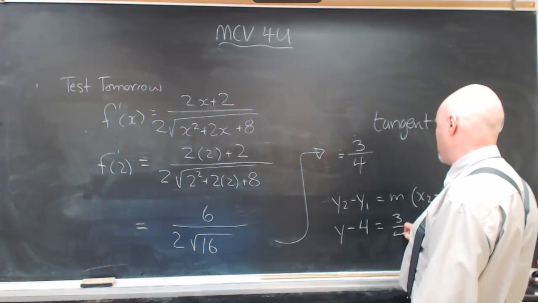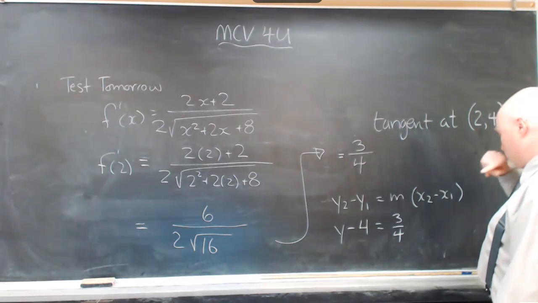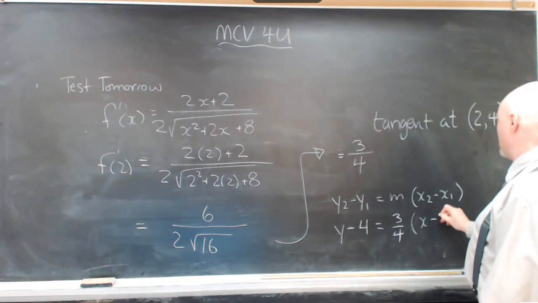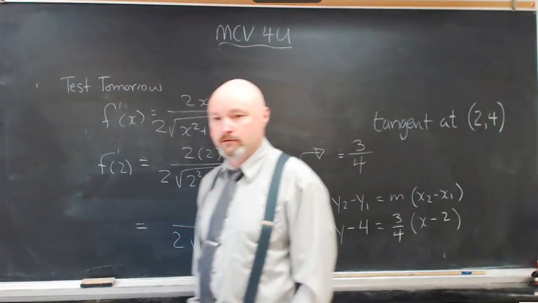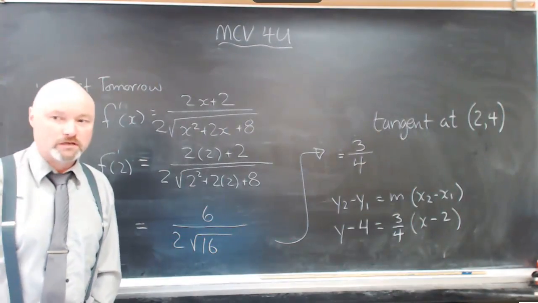So y minus 4 is equal to 3/4 times x minus 2. So this is one of those questions where they've already calculated the y-coordinate for us.